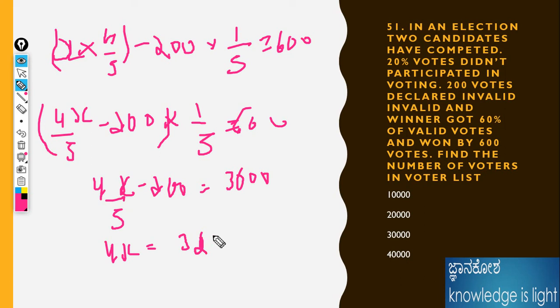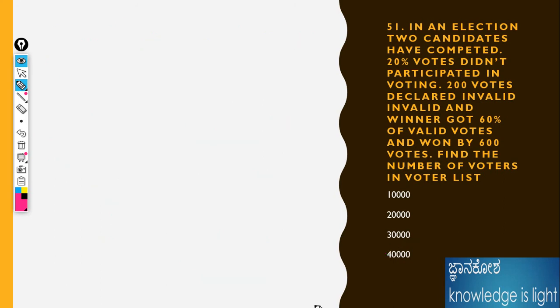Why 30,200? This one shifted to 200, therefore we get 3,200 into 5 divided by 4. 4 8 8 5 the 40, therefore the answer should be 40,000 for this question. The number of voters is 40,000. Okay, next problem.